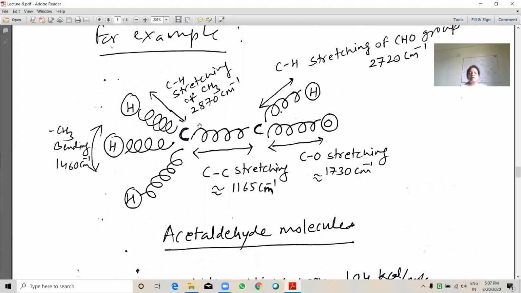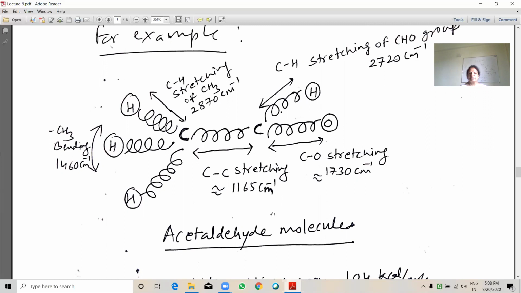Whereas in this other CH group, CH stretching is higher, 2870 inverse centimeter. And this CH3 bending also occurs at 1460, and the CO stretching is a strong peak observed at 1730.